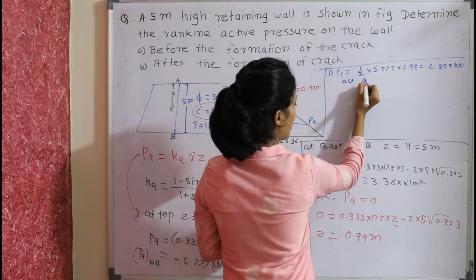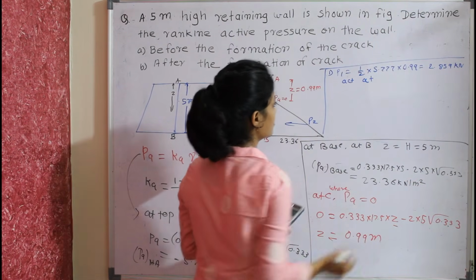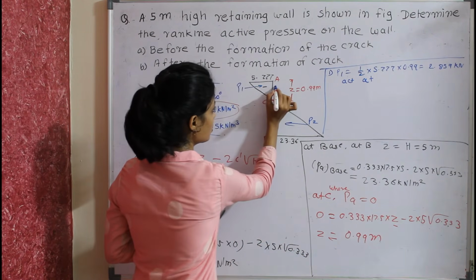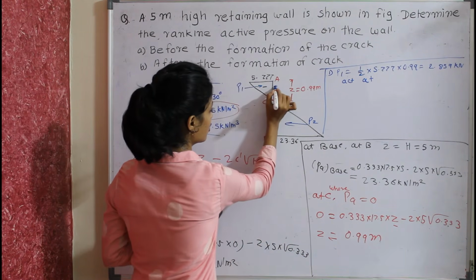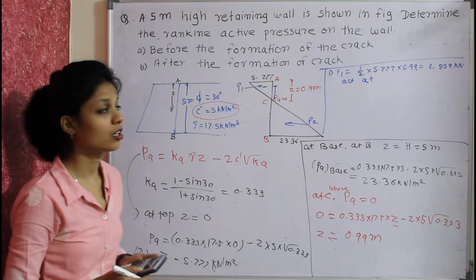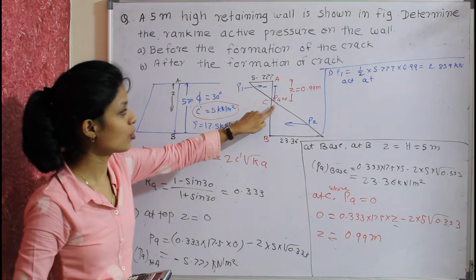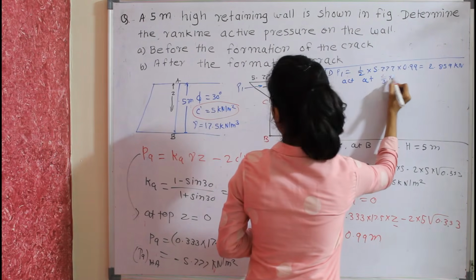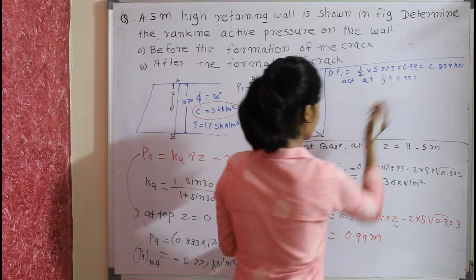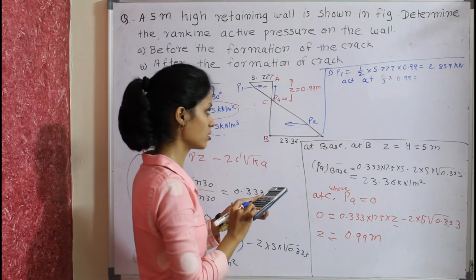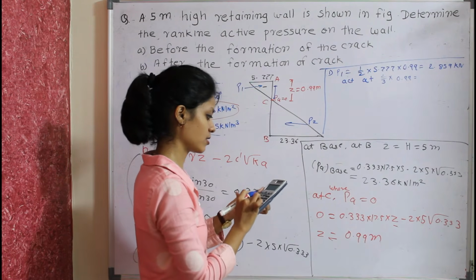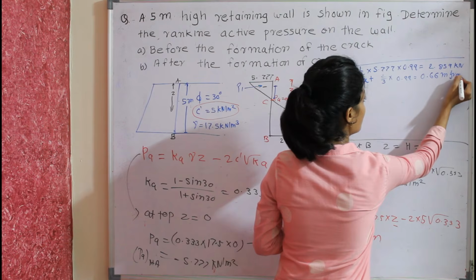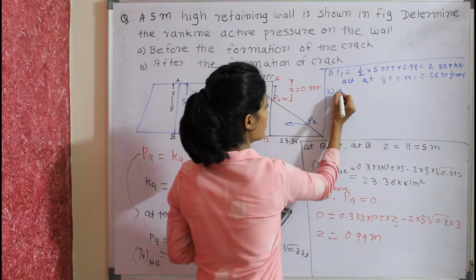It acts at 2/3 of 0.99 from C, which is 0.66 meter from C.